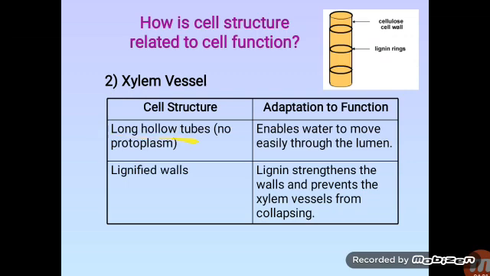And this is a long hollow tube, with no protoplasm, in which protoplasm is absent. The adaptation to function is to enable water to move easily through the lumen, and it transports water, and lignin strengthens the walls and prevents the xylem from collapsing.